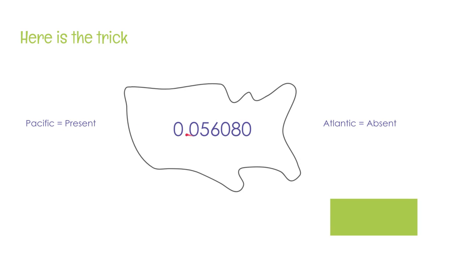It's written right here. So I'm going to start counting from the Pacific side of the number. I'm going to look for my first non-zero number. So I'm skipping these first 2 zeros. Then I'm counting everything, this 5 and everything that comes after it in the Pacific direction. So that gives me 1, 2, 3, 4, 5 significant digits.